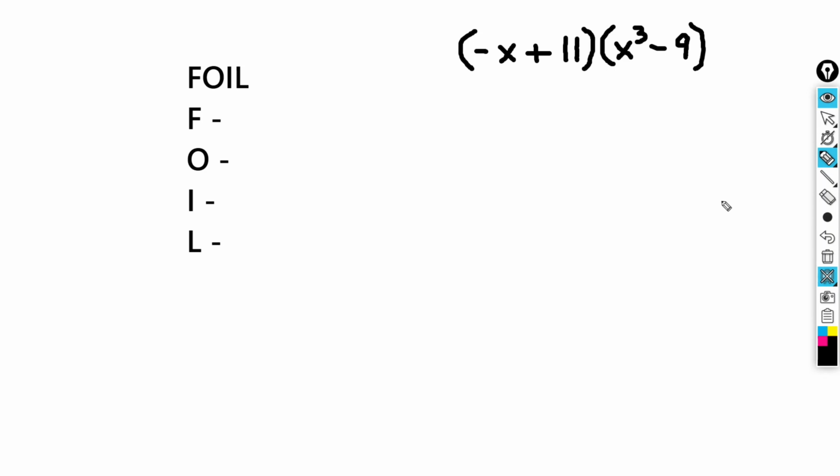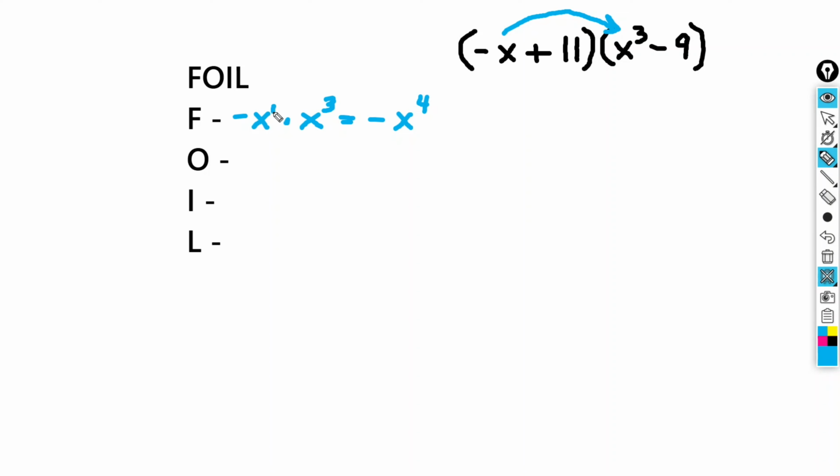In this example, we have the binomial negative x plus 11 times the binomial x cubed minus 9. So let's start by multiplying our first terms together. So we're going to do negative x times x cubed. And that's going to give us negative x to the fourth power.